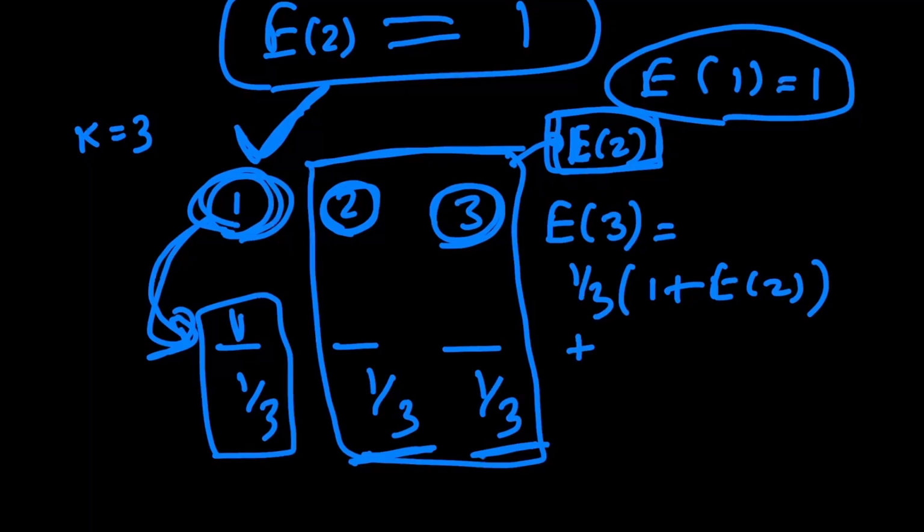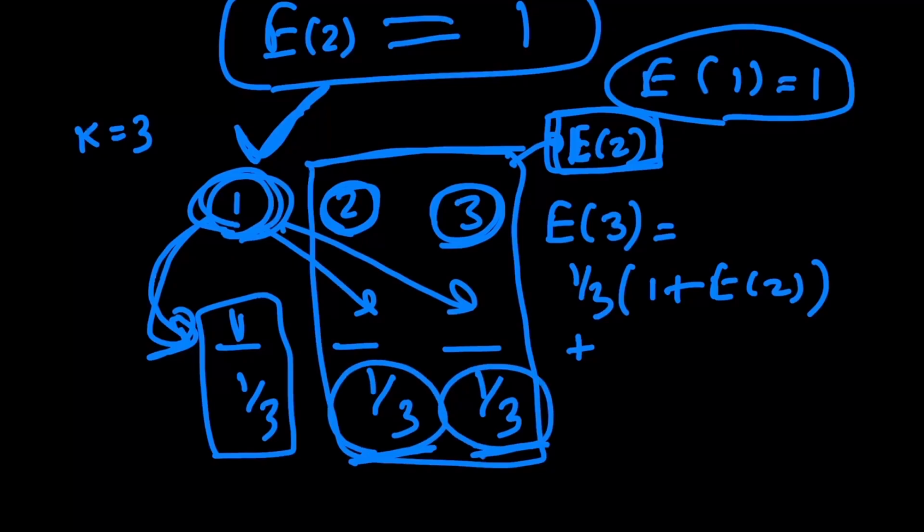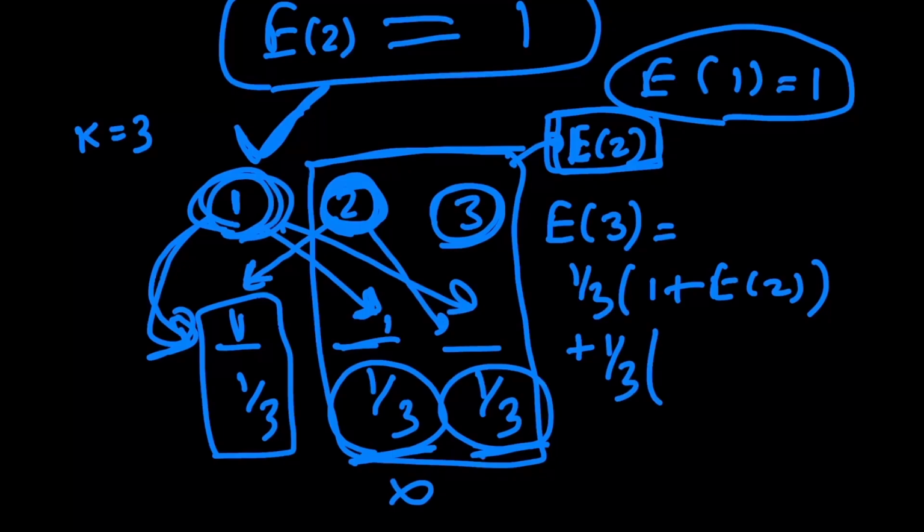Plus, now there's also these two edges that could happen, and both of these edges have a chance of 1 by 3 each. Now, both of these edges are going to be somewhat symmetrical. So let me just take the case of 1 going into slot number 2. Since this leads to 0 matches, number 2 in itself has two options. Either it could go to slot 1 or slot 3. So again, we have two cases.